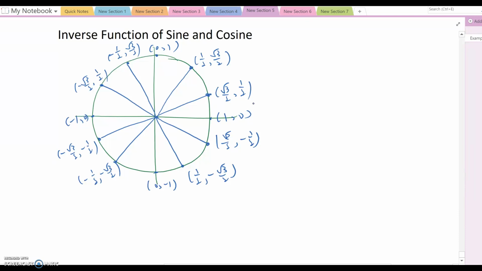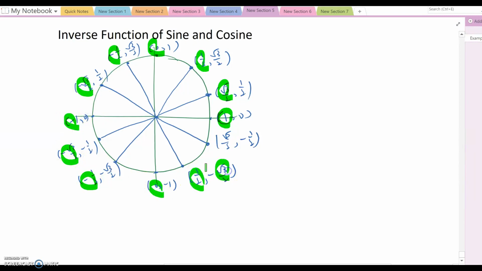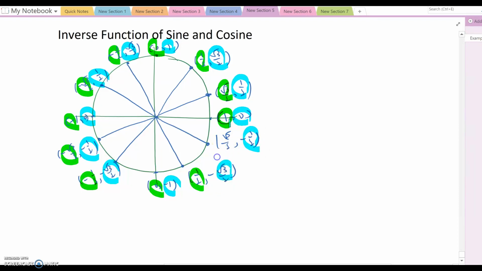So these x values are the cosine values here, right? And all these are sine values.